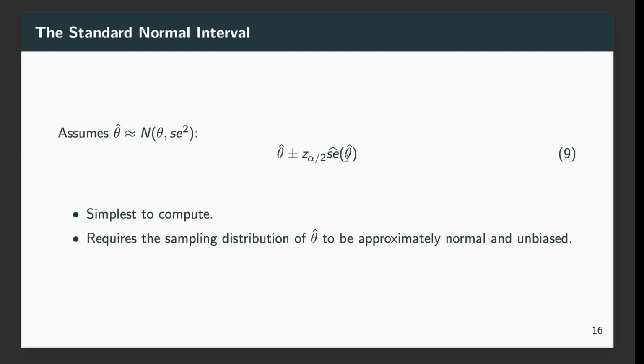And when we talk about bias, if theta hat is biased, then the interval will be centered in the wrong place, and the coverage will be poor. So the standard normal interval is the simplest Bootstrap confidence interval to compute, but it is also the least reliable, especially for non-normal or biased estimators.